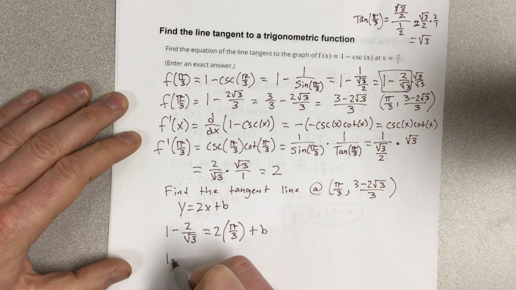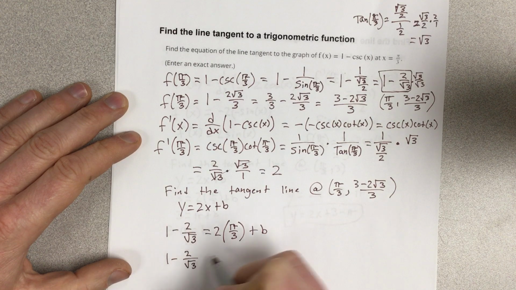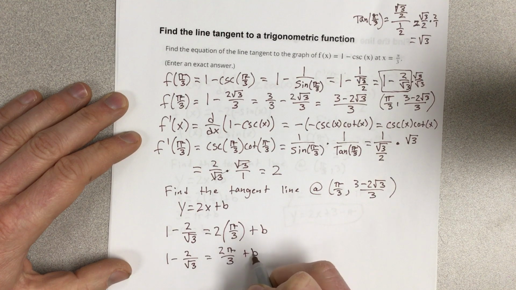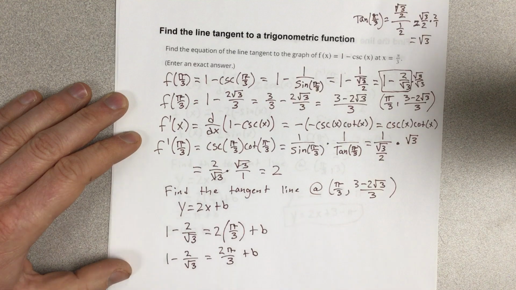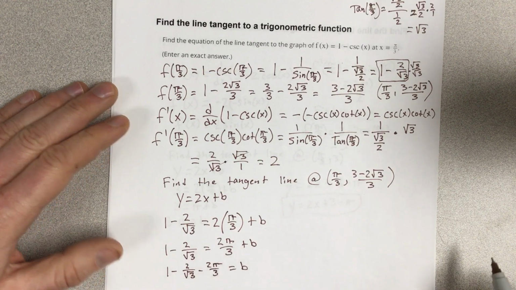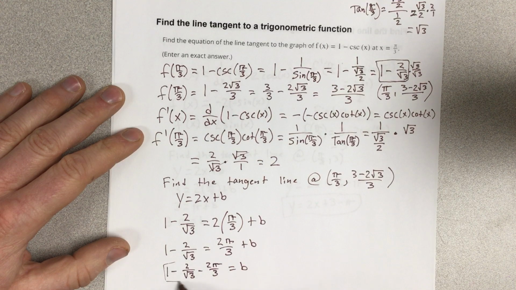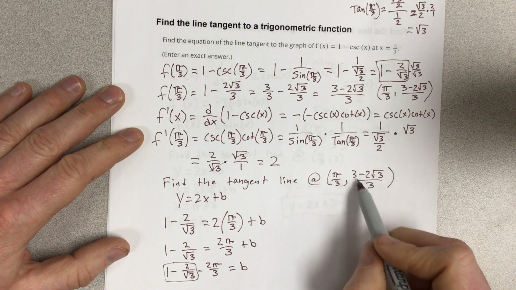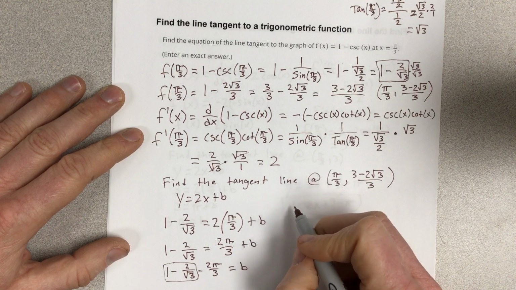I end up with 1 minus 2 over root 3 equals 2 pi over 3 plus b. When I subtract that across, I will end up with 1 minus 2 over root 3 minus 2 pi over 3 equals b. So I know that this piece right here is actually equal to 3 minus 2 root 3 over 3, so I'm going to substitute that in.